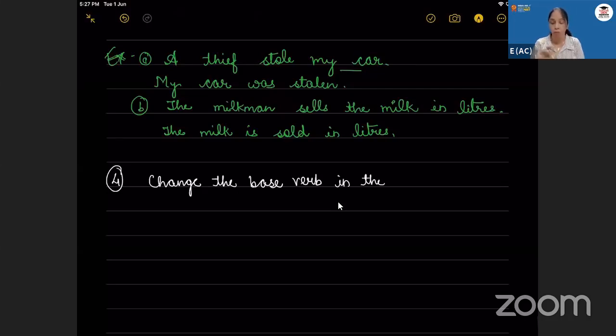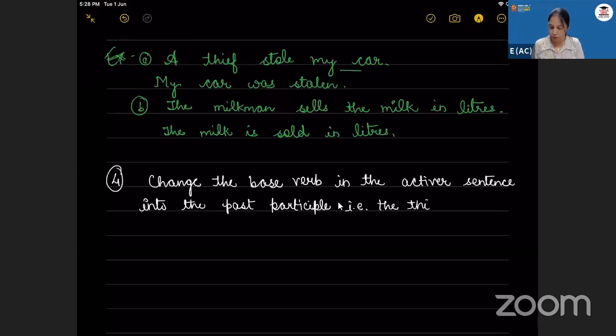Change the base verb in the active sentence into the past participle, that is the third form of the verb. Third form of the verb is mandatory to be used in passive voice.